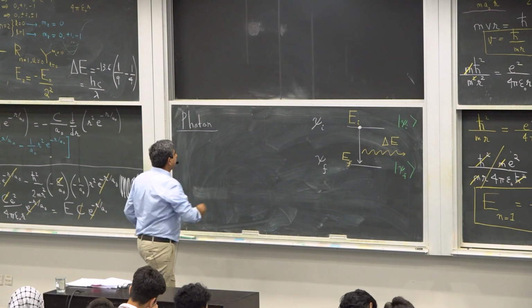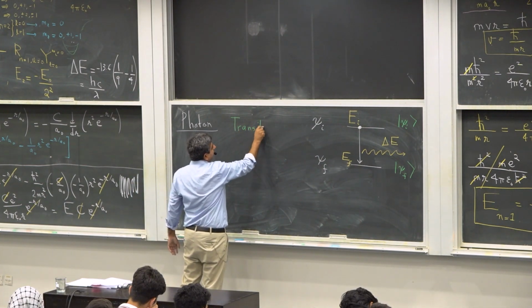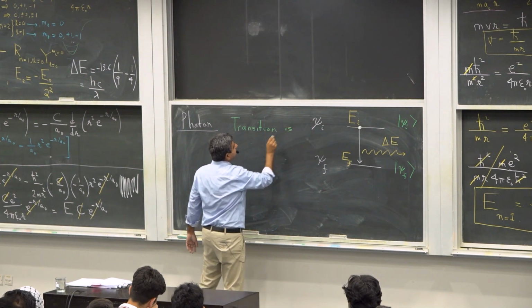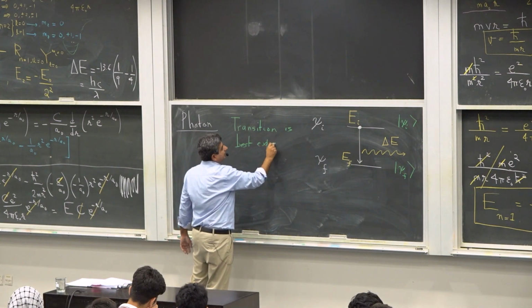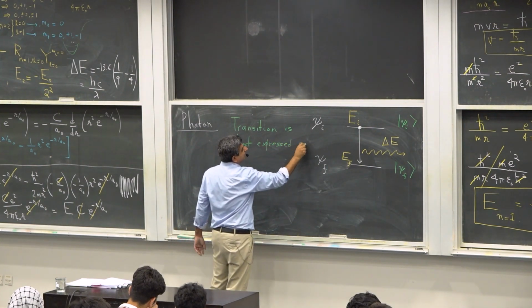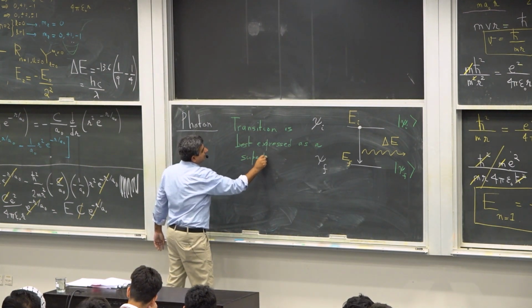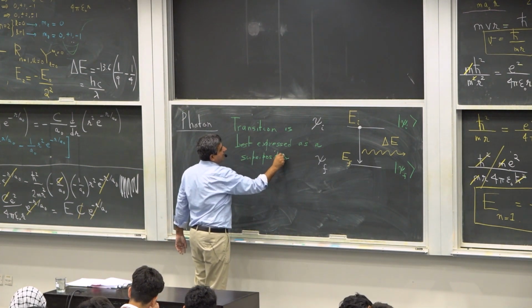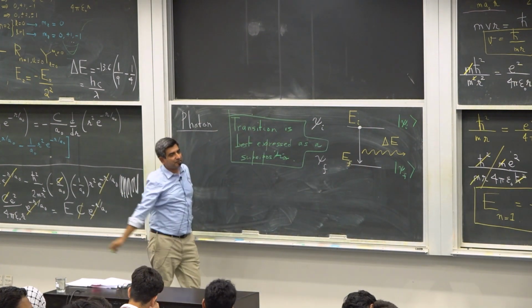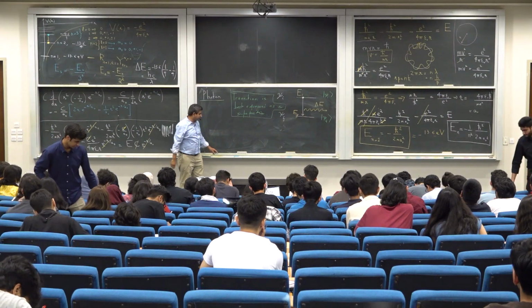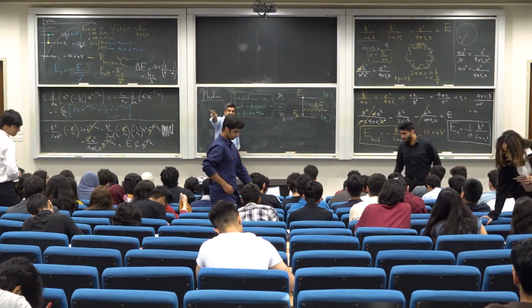So the idea is that a transition between levels is best expressed as a superposition. Now I'm really happy that we're talking about superpositions today, because we started using this word in our very first lecture.